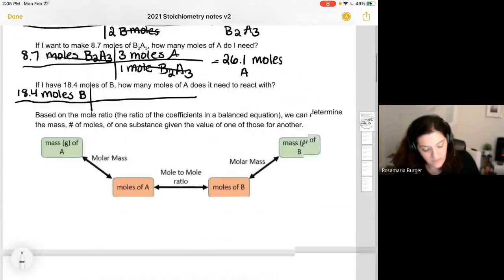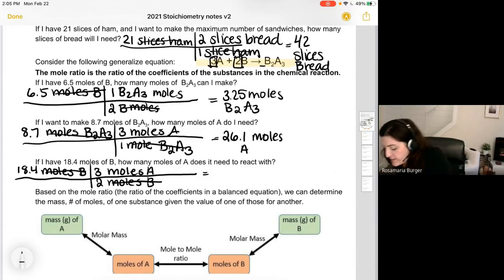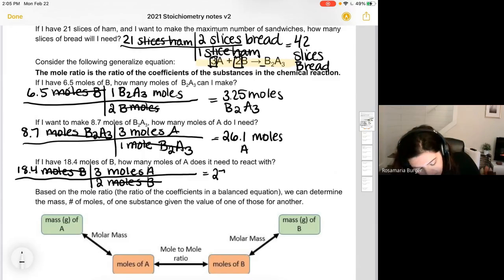So for every 2 moles of B, I get 3 moles of A. Moles of B cancels out, so I'm going to do 18.4 times 3 divided by 2. Gets me 27.6 moles of A.